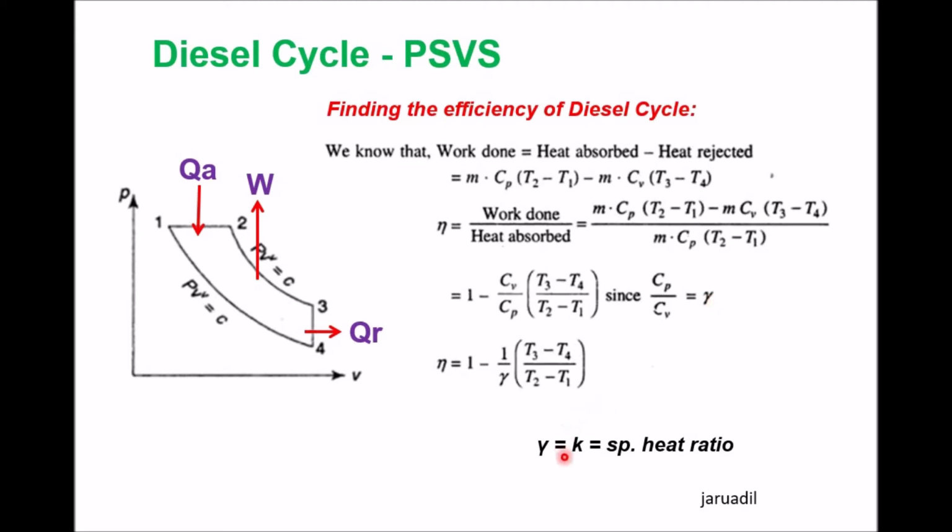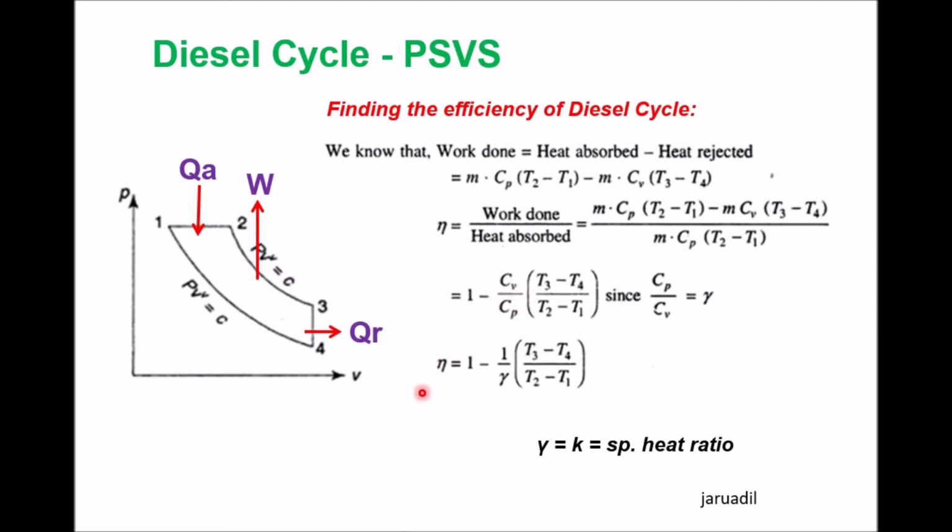In the other equation, we use k as the specific heat ratio, but in this one, we use the Greek letter gamma. So this Cv divided by Cp here becomes 1 over gamma, because Cp over Cv is equal to gamma. So that is the reciprocal of the specific heat ratio.